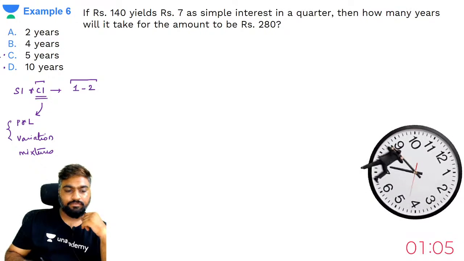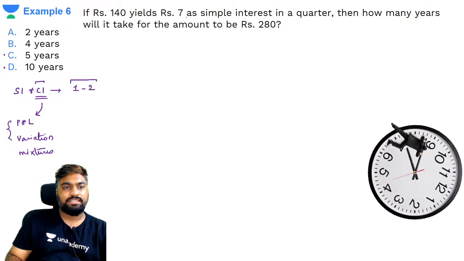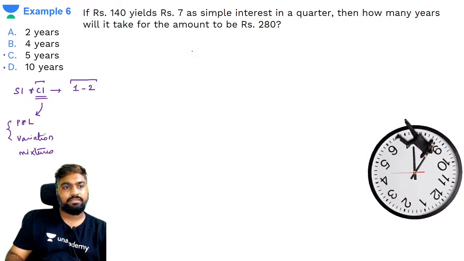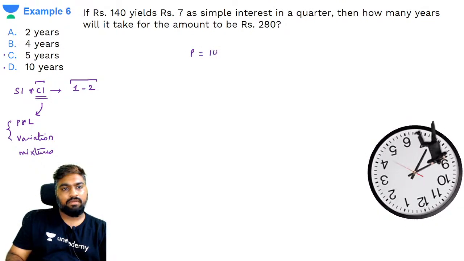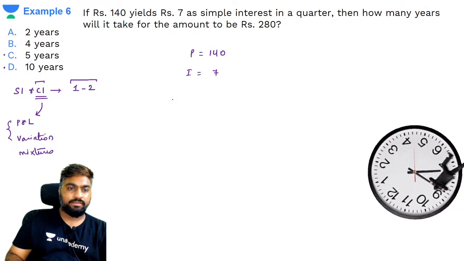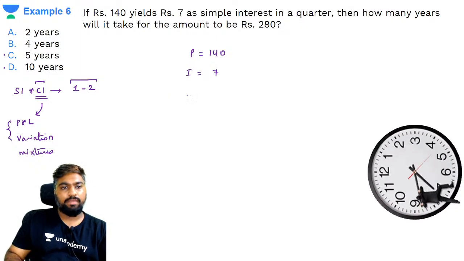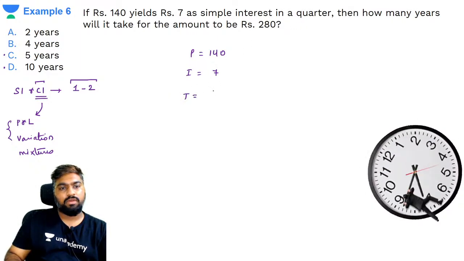Okay. चलो let's look at this. They're saying what if 140 rupees yields 7 rupees as simple interest. तो अपना प्रिंसिपल है 140, interest is 7 rupees. Yes. This is what in a quarter. In how many time? Time is what? 1/4 of a year.